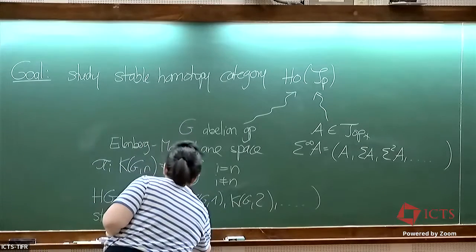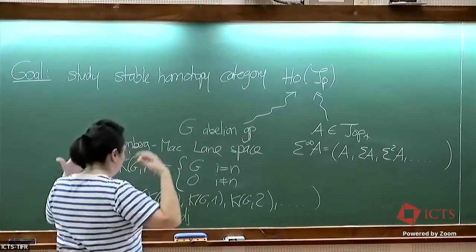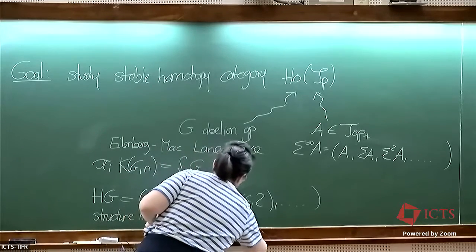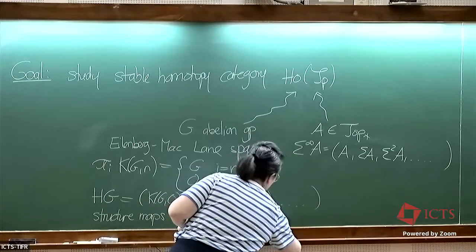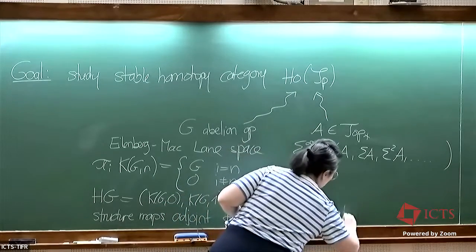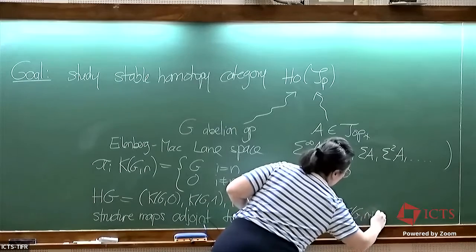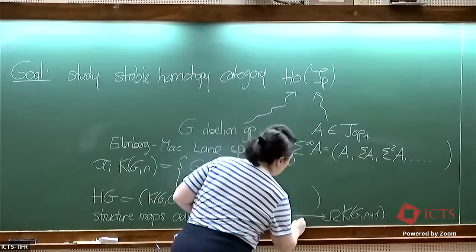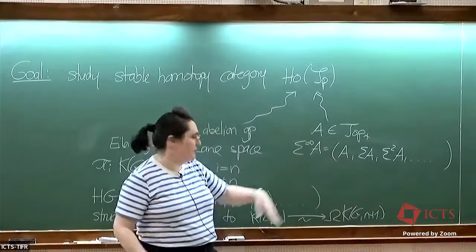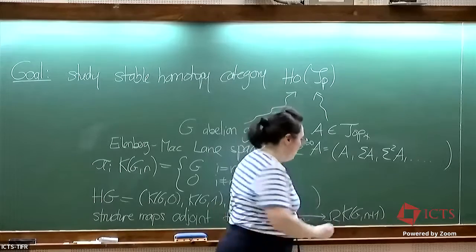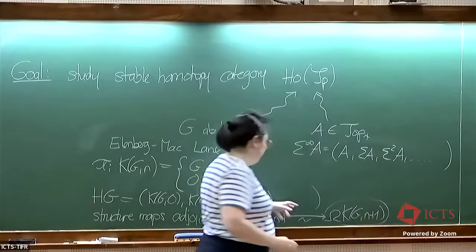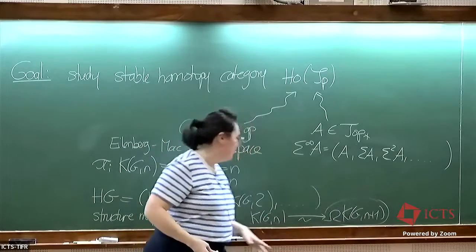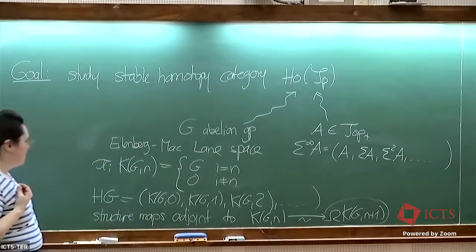So let me just write it down because it's easier to believe me when you can see it. If you write down the homotopy groups of this thing with the usual loop suspension adjunction, that is also going to be a K(G,n), and then you get an adjoint map from sigma of K(G,n) to K(G,n+1), and that would be the structure maps in the spectrum.